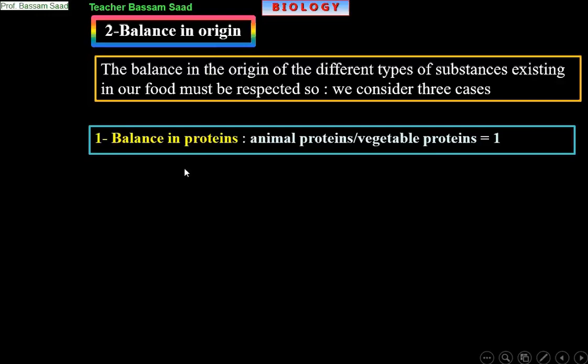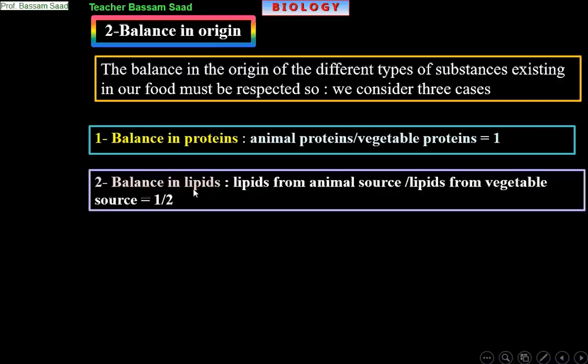The second case is about lipids. Of course, we have proteins, lipids and carbohydrates. Balance in lipids: lipids from animal source over lipids from vegetable source equals 1/2. It means that the lipids from vegetable must be equal twice the lipids of animal origin.